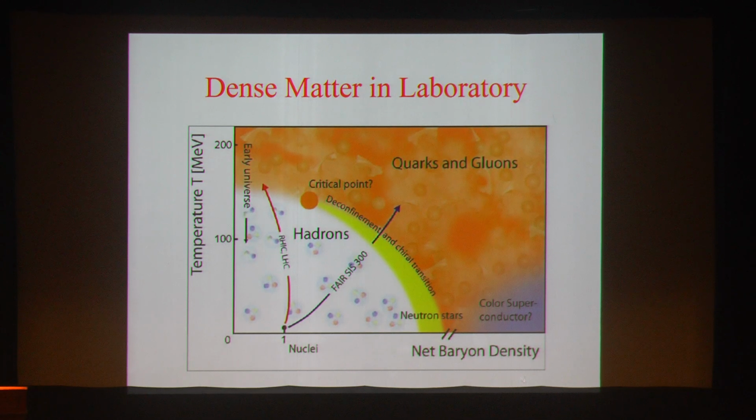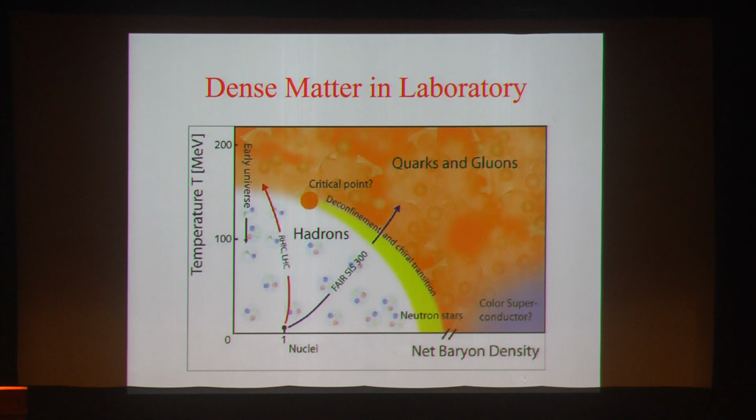The only thing I want to make is one specific comment: the matter created in heavy-ion collisions is very short-lived, whereas the matter inside a neutron star will survive for 10 to the power 9 years.